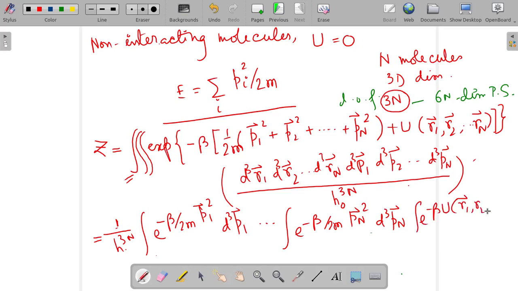So here there will be no r1 r2 etc. variables in the momentum part, it will be present here only.